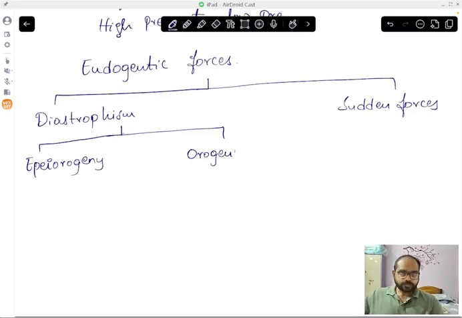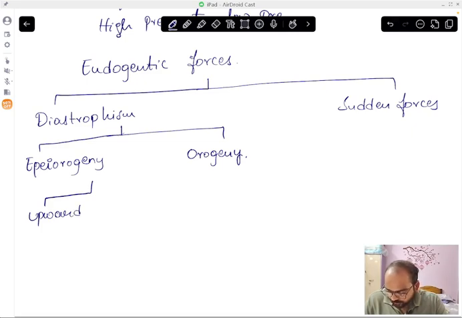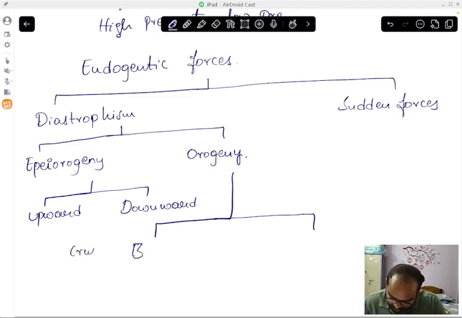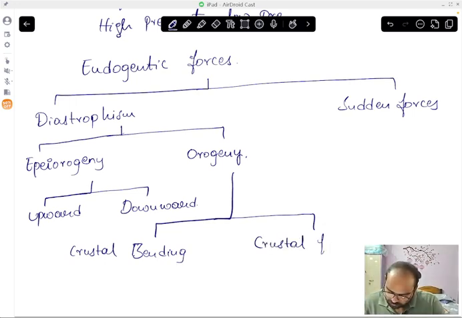Again, epiorogeny is divided into upward movement and downward movement, and orogeny is divided into bending, that is crustal bending or folding, and crustal fault.